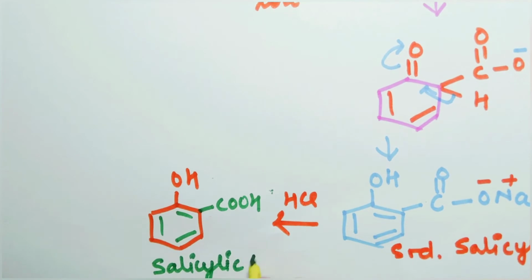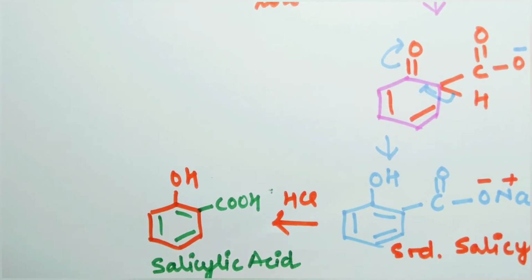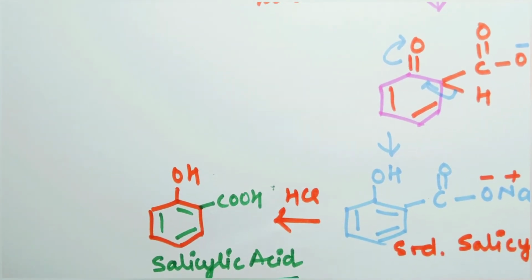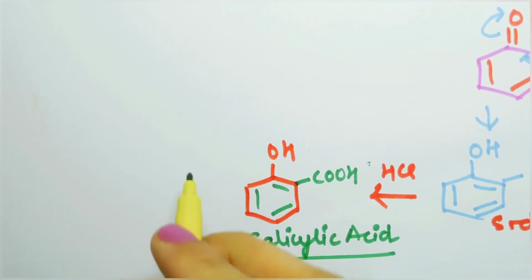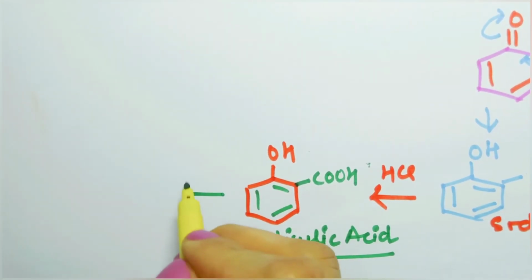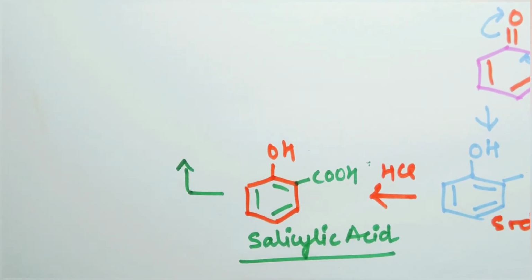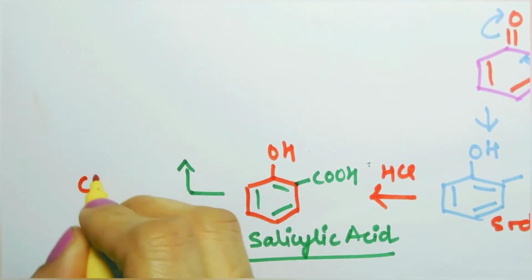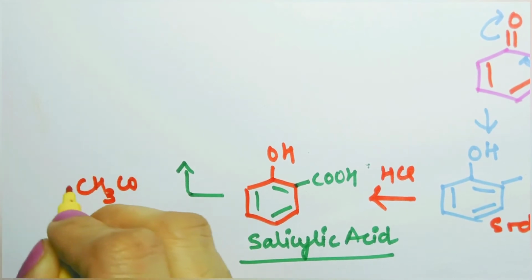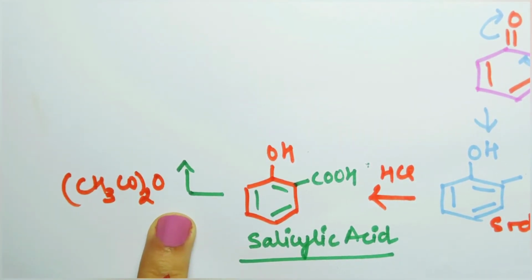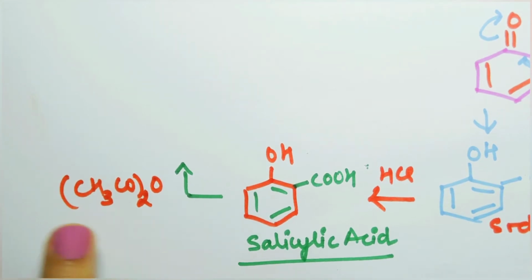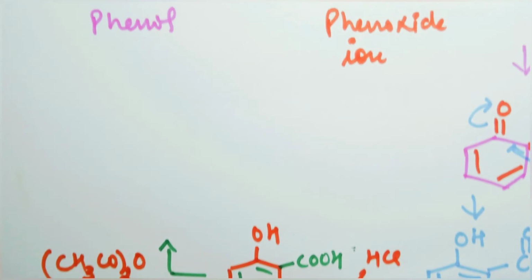We have done that in salicylaldehyde, we have done that in the Reimer-Tiemann reaction. After the formation of salicylic acid, it reacts with CH3CO O CO CH3. This is an anhydride.